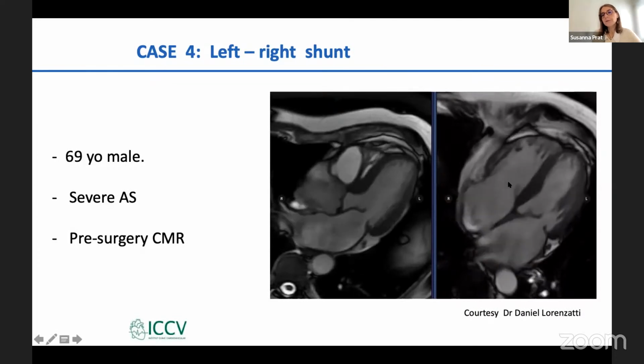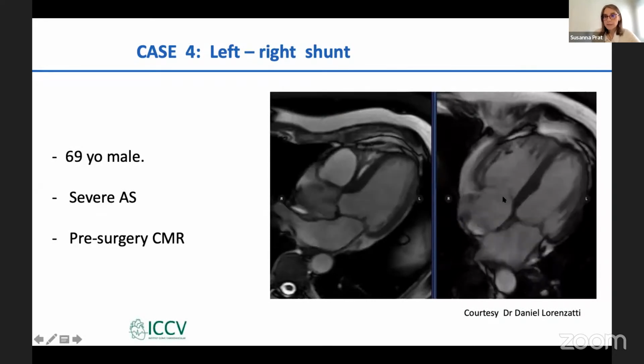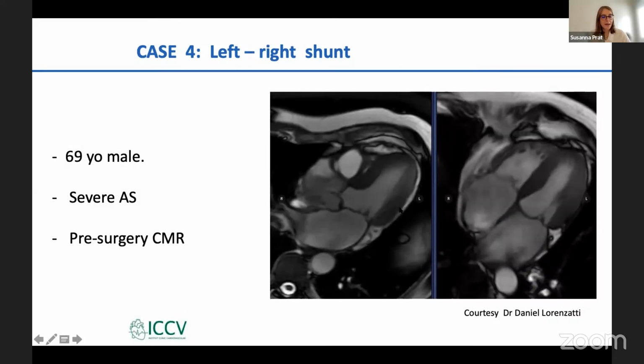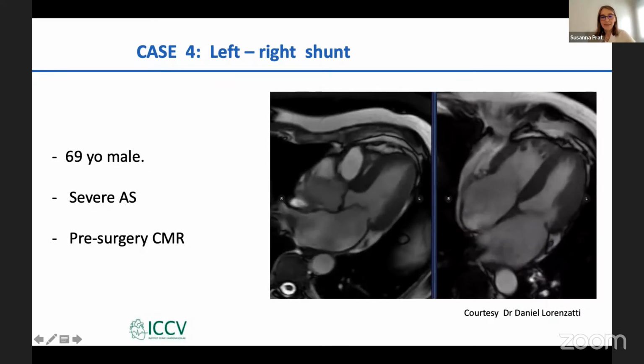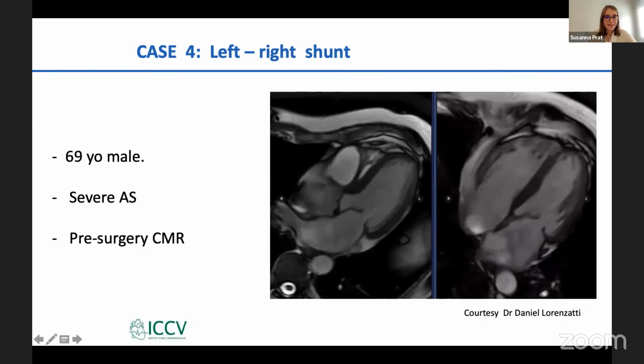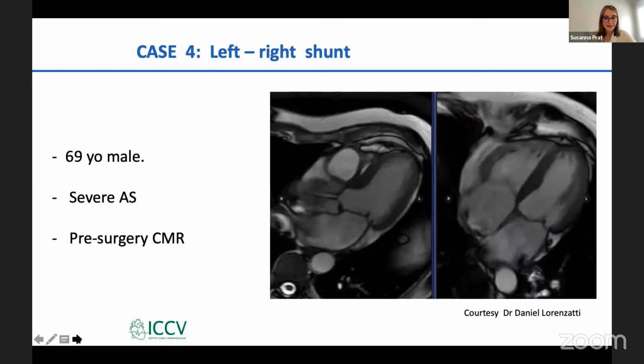If we focus on the right ventricle, it is moving quite well, but it looks at least mildly dilated. This case was presented by Dr. Daniel Lorenzati, whom I guess almost all of you know, who was a fellow with us, and thanks for this nice preparation of the case.